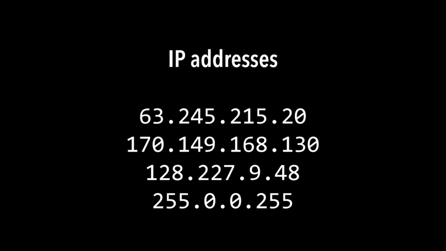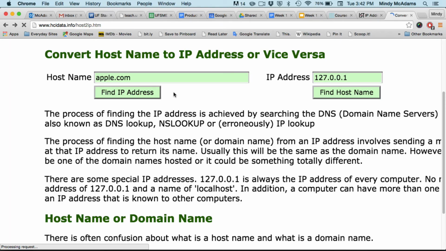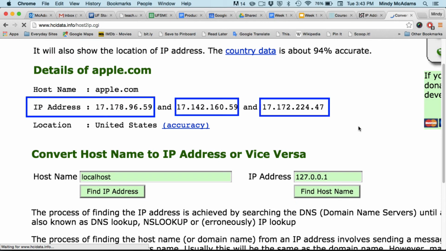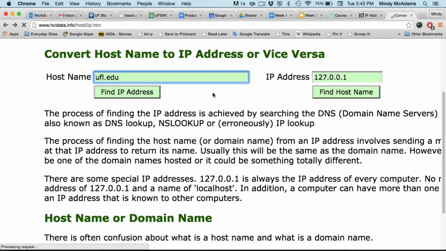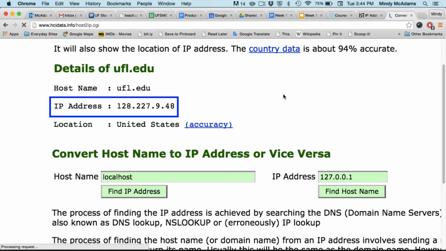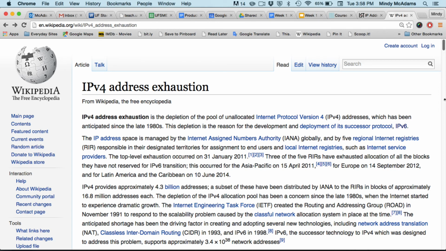This is important for two reasons. One is that behind every domain name, like apple.com or whitehouse.gov, is a specific 4-part numeric address. Without the IP addresses, there is no internet. But we've run out of numbers.